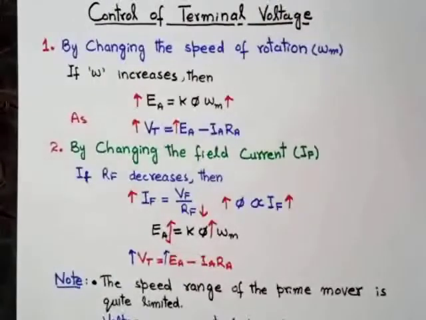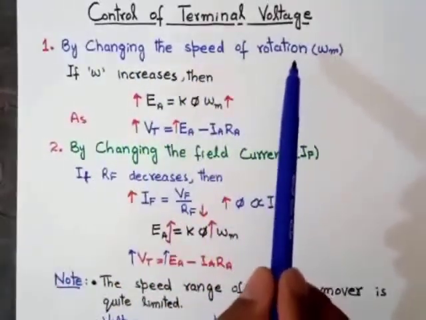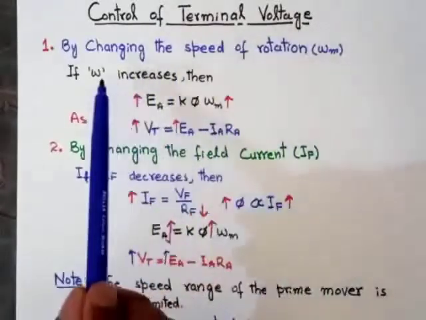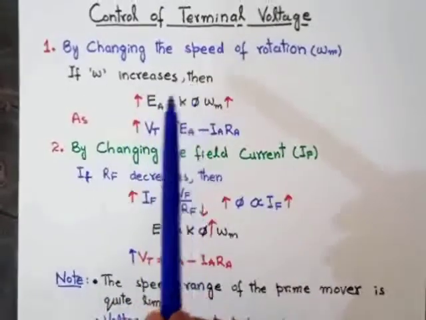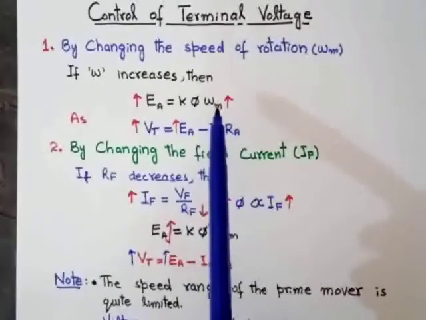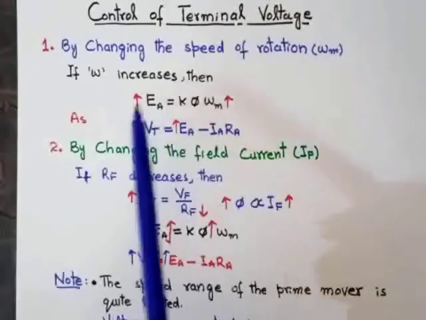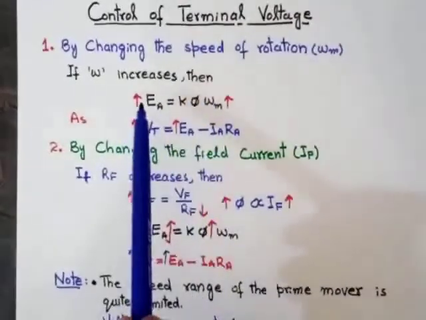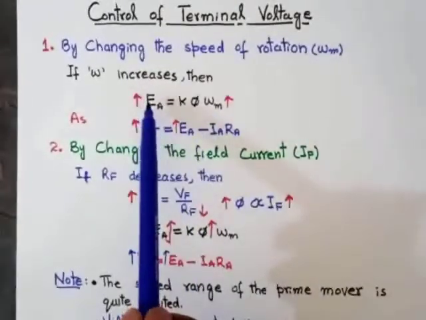First of all, we will discuss the first method to control the terminal voltage. The first method is by changing the speed of rotation. As we know, Ea is equal to K phi into omega. If the speed increases, the internal generated voltage will increase as well, because the relationship between internal generated voltage and speed is directly proportional.